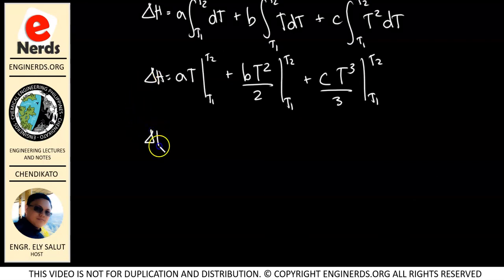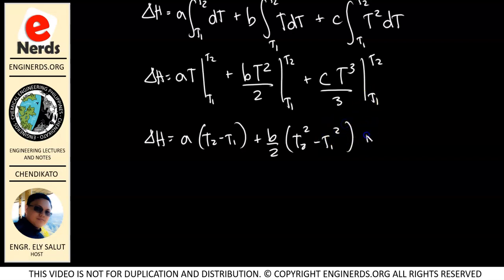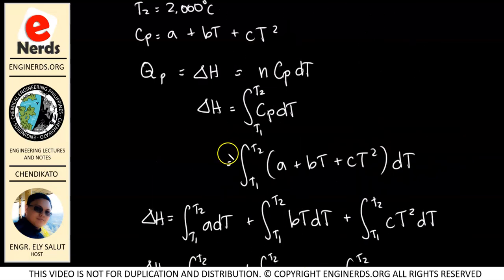So we have delta H is equal to A times T2 minus T1, plus B over 2 times T2 squared minus T1 squared, then plus C over 3 times T2 cube minus T1 cube. Okay, so we'll be substituting this.